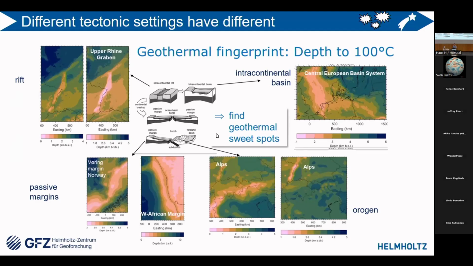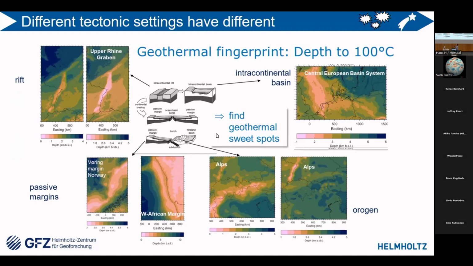For example, if we look at different settings, you see here models that we did in agreement with those heat flow values that we had and those measured temperatures and geological data that were available at the time. You can see that the depth to the 100-degree isotherm can be quite different in different tectonic settings. You see on the upper left, the Upper Rhine Graben, once below topography and once below sea level.